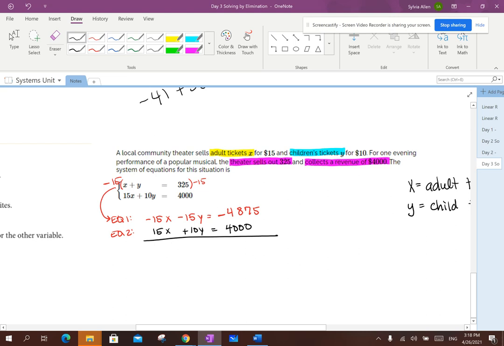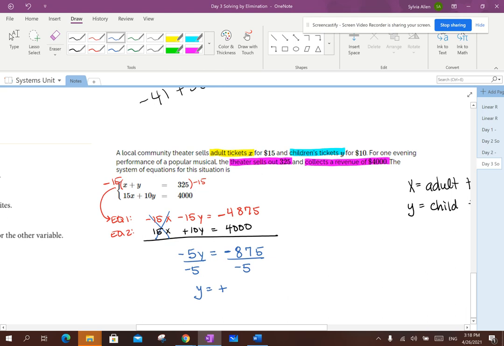Now I'm ready to add. When I add those, the x's cancel. I'm left with negative 5y is equal to, and if I were to subtract those because the signs are different, I have negative 875. So if I were to take my 875 and divide it by negative 5, first of all, you have a negative and a negative, which means I'm going to get a positive.